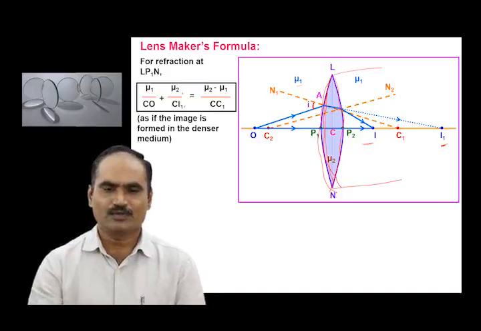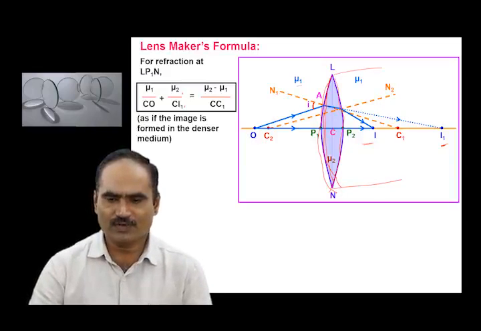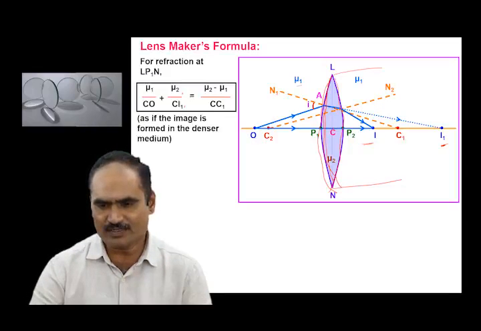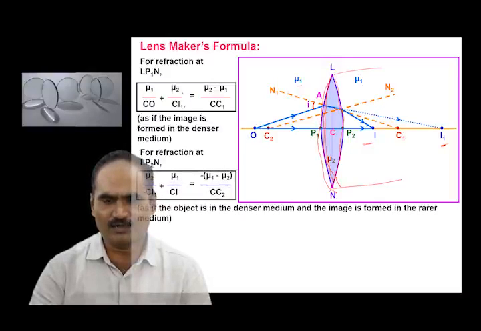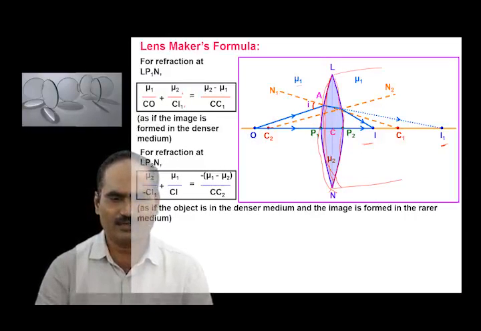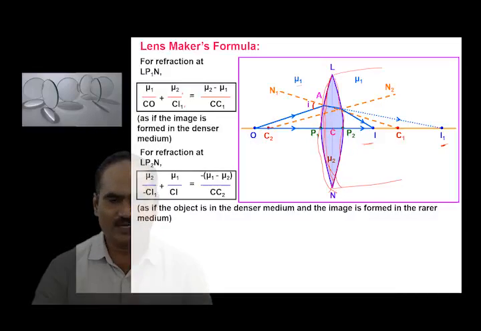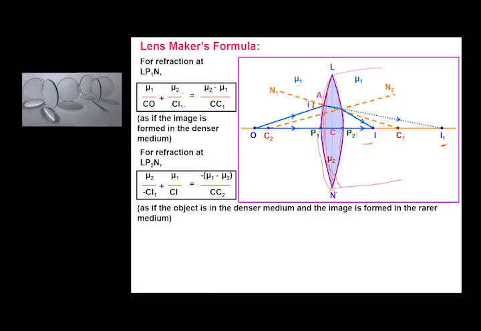Then we consider this image as an object for the surface LP2N. We apply the same previous formula for an object inside that medium. But one small thing is that it is a virtual image, so we consider mu2 by CI1.